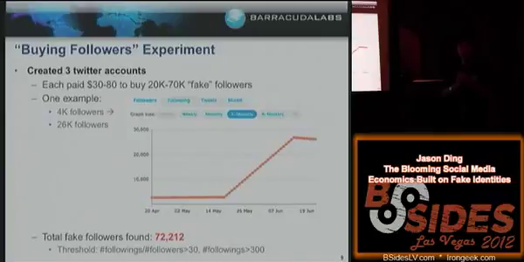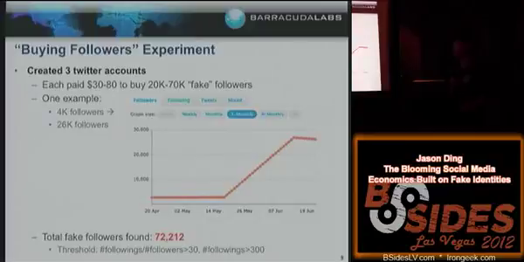And who will buy these Twitter followers? How do you know? So we created 3 Twitter accounts, and for each of them we paid $30 or $80 to buy between 20K and 70K fake followers.